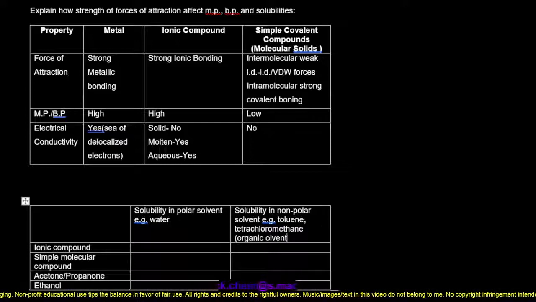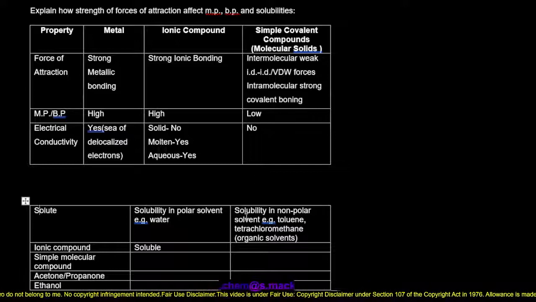Let's look at the solubility of our substances. Will an ionic compound dissolve in a polar solvent? Yes, it will. For one substance, for example a solute, to dissolve in another substance, which is our solvent, there must be some sort of solute-solvent interactions. There must be some sort of forces of attraction that can develop between the solute and the solvent.